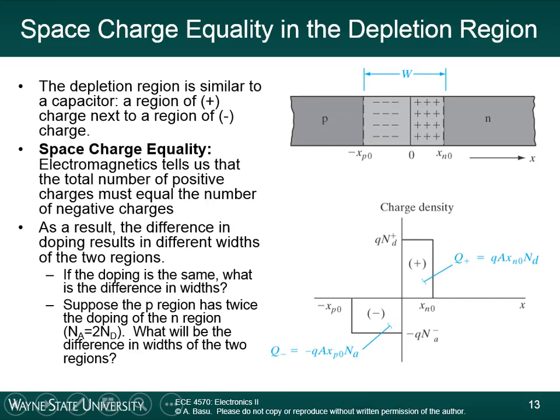So if the P side has twice the doping density of the N side, what's going to be the ratio of Xp and Xn? Which side is how small? What's the size of the depletion region on the P side compared to the N side? 1/2. That's correct. If one side has twice the doping density, it has 1/2 the width.